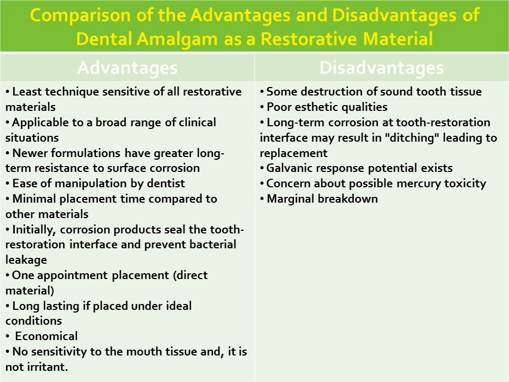Long-term corrosion at the tooth restoration interface may result in ditching, leading to replacement. A galvanic response potential exists when we have two amalgams in the upper and the lower teeth. During mastication, an electrical discharge occurs, causing the galvanic response. There is also the possibility of mercury toxicity and marginal breakdown.